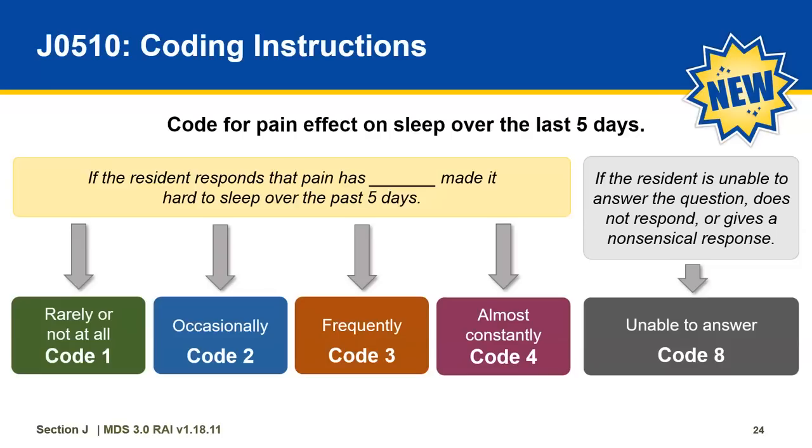If the resident responds that pain has frequently made it hard to sleep over the past 5 days, code 3, frequently. If the resident responds that pain has almost constantly made it hard to sleep over the past 5 days, code 4, almost constantly. If the resident is unable to answer the question, does not respond, or gives a nonsensical response, code 8, unable to answer.